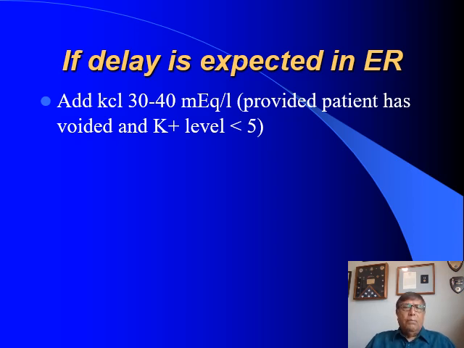The thing to be aware of before starting potassium is whether the patient is voiding, and if the potassium level is more than 5, most people will hold the potassium in the IV fluid. The amount of potassium you use in IV fluid is about 30 to 40 milliequivalents per liter.